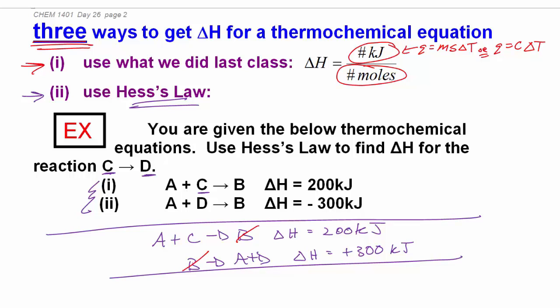Notice my B's cancel, my A's cancel, and I end up with C going to D. Looks great. And my enthalpy, just add them up: 200 and 300, 500 kilojoules. So 500 kilojoules is my enthalpy for the reaction C going to D.